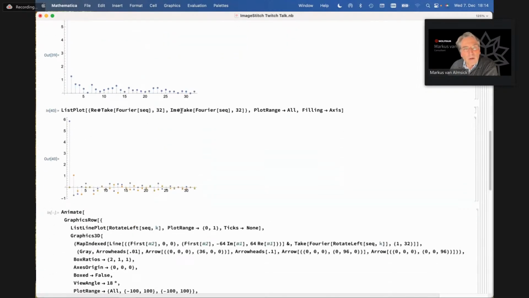But if you plot the imaginary part of the Fourier and the real part of the Fourier, you see that you have all kinds of complex values essentially. And what you have here is that the absolute value of the Fourier is the strength of the amplitude for that frequency, and the complex phase, the mix between real and imaginary part, is essentially the phase of that particular wave that you have to take into account.